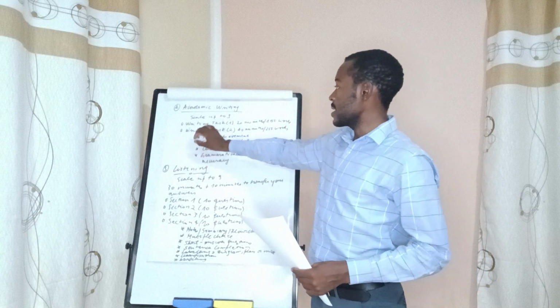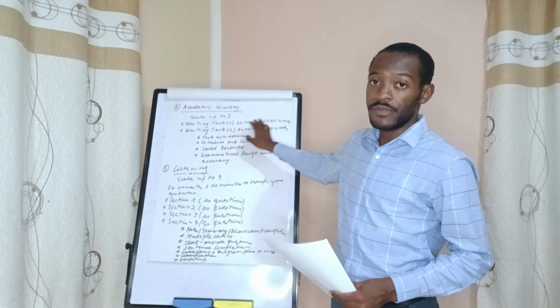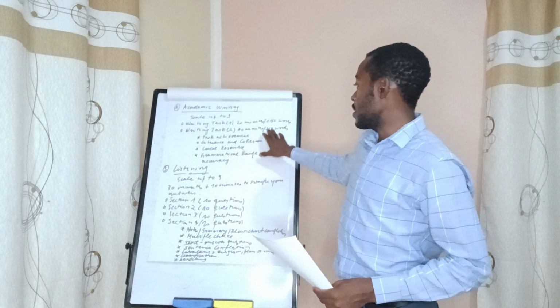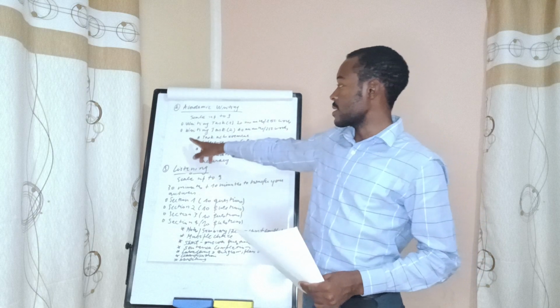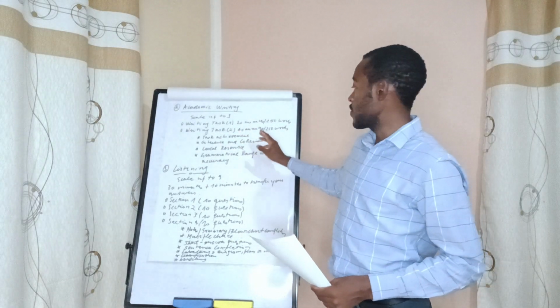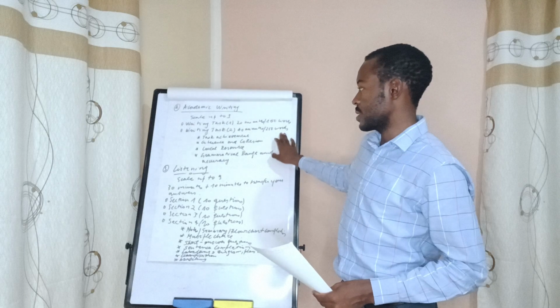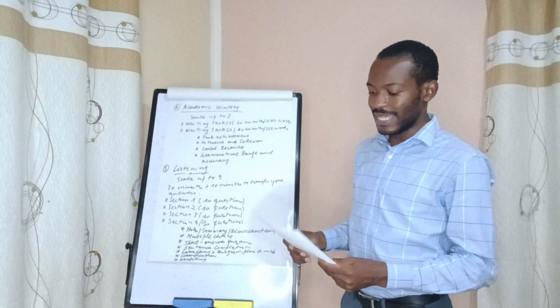The first task is writing task 1, which is 20 minutes, and you have to write an average of 150 words. The second task is writing task 2, which is 40 minutes, and you have to write an average of 250 words.